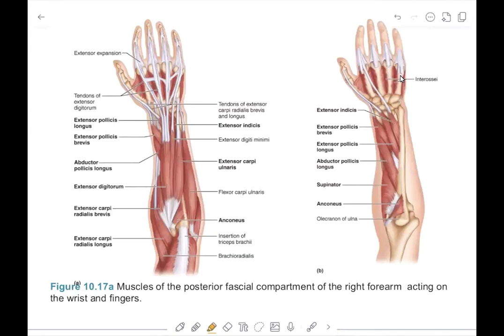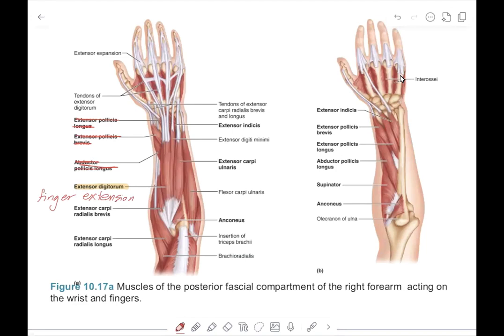There's a fair amount of these that you won't be responsible for, like the extensor pollicis longus, extensor pollicis brevis, the abductor pollicis longus. You should know the extensor digitorum, and that's pretty easy because it's going to be responsible for finger extension.